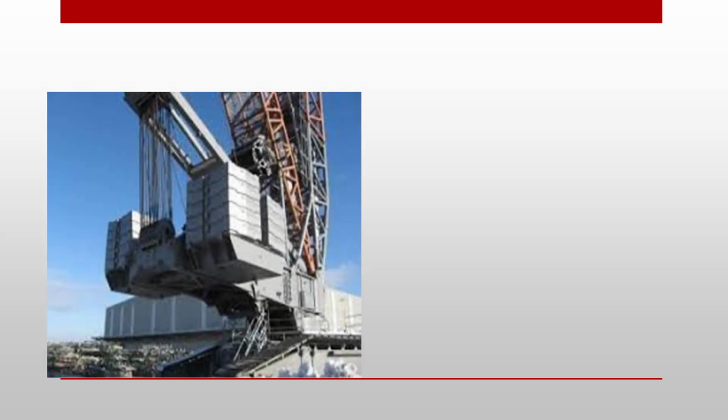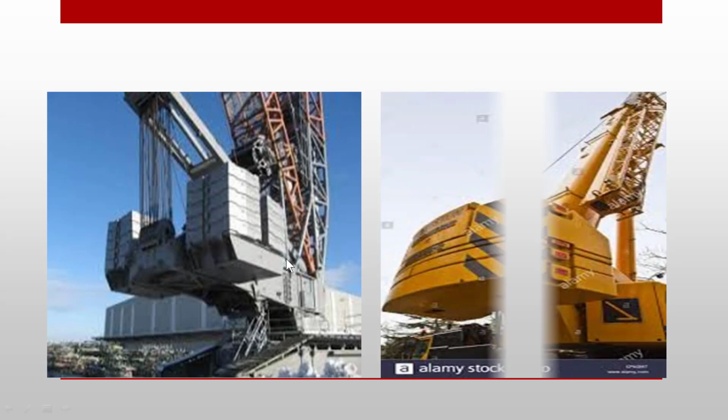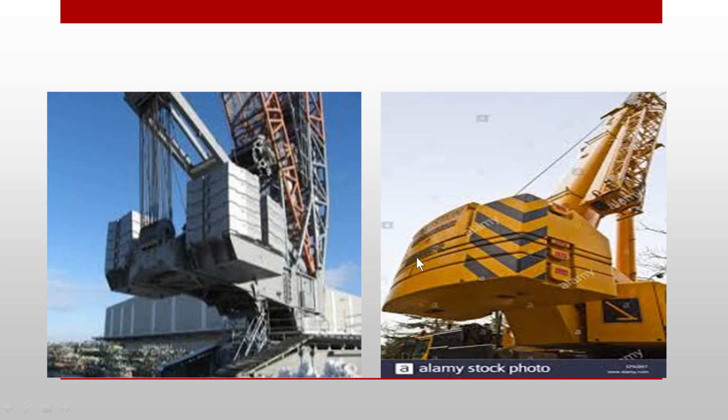You can see over here, these types of heavy loads are present on the cranes, which move in the opposite direction to that of the heavy load. For example, on the other end of this crane we are lifting a heavy load, and this counterweight will move in the opposite direction.